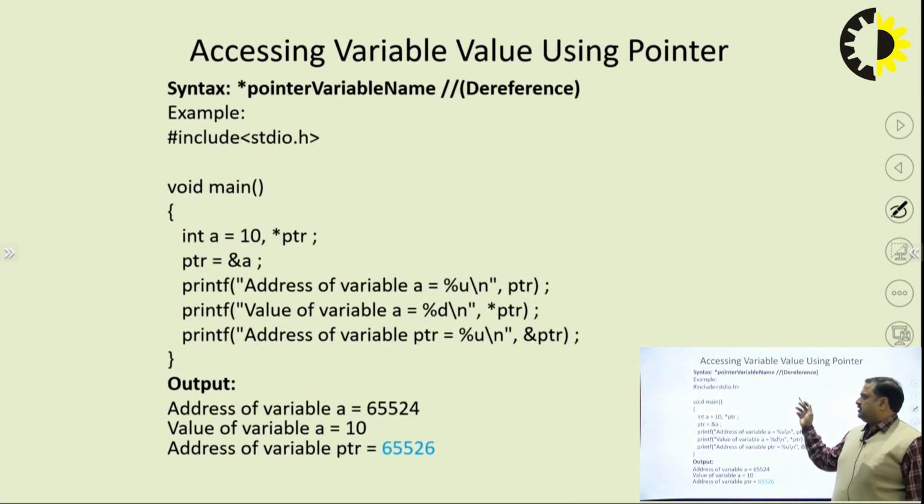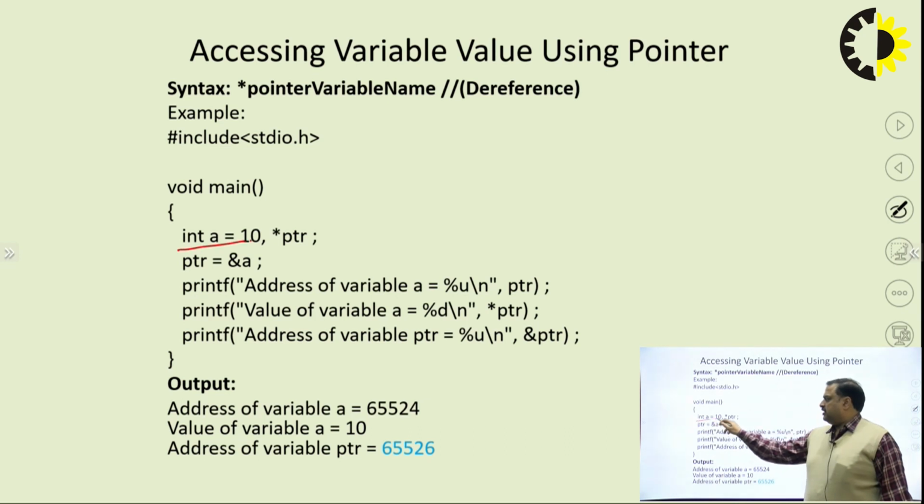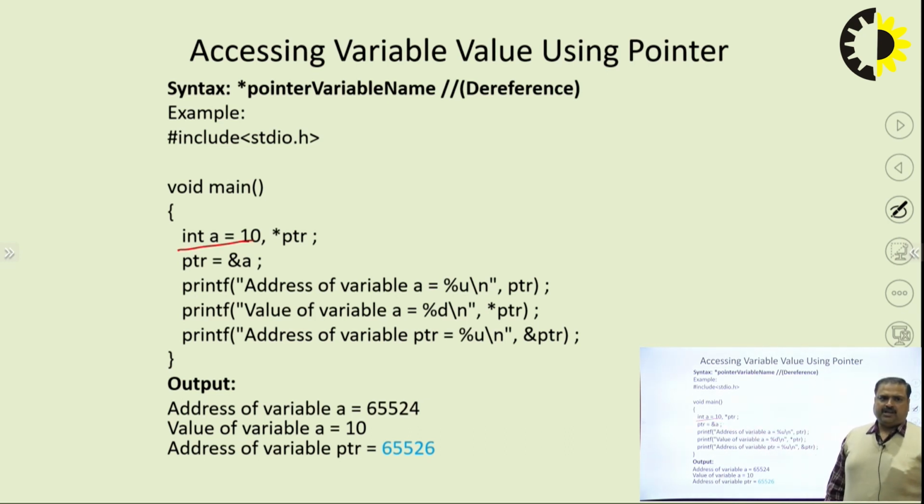Like here in this example, we have an integer variable a given the value 10, and we declared a pointer p. The pointer will hold the address, so we assigned the address of a to the pointer. Now, how can these values or addresses be accessed? If we want the address of variable a, the address which the pointer is holding, we can simply give the name of the pointer, ptr, and it will return the address.